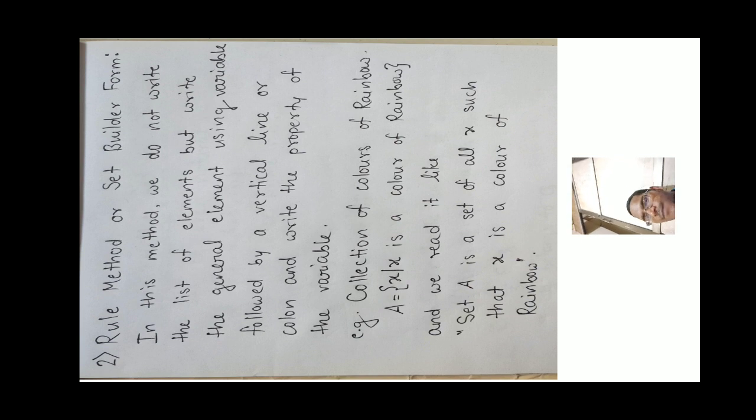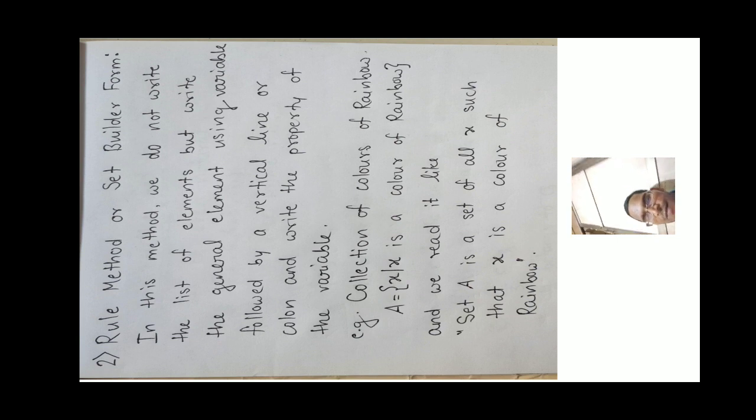So what does it mean? Basically, the name itself suggests you have to apply some rule, or you can say you have to build the set by applying some property or some rule which gives the elements.